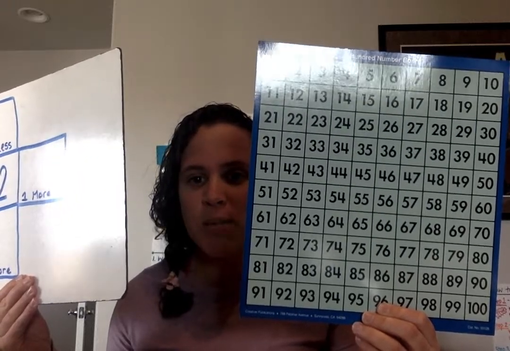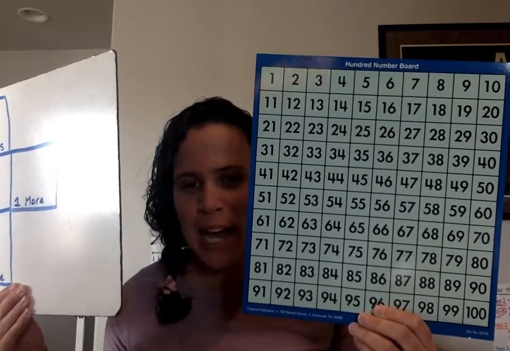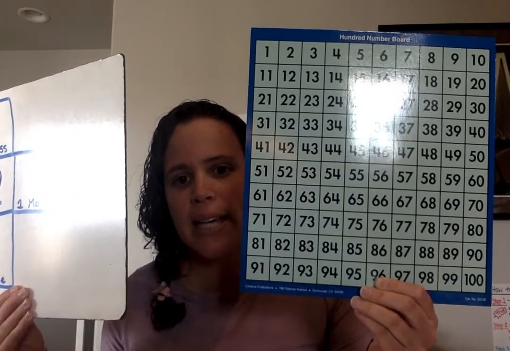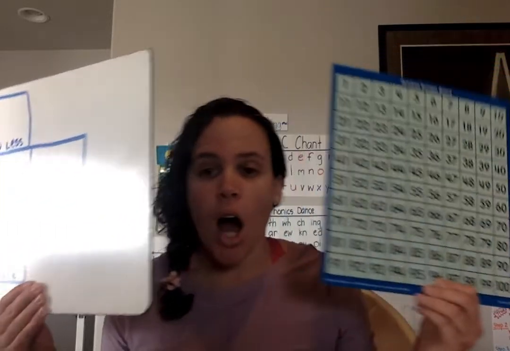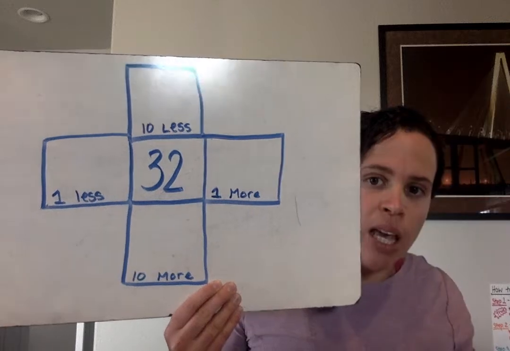If you don't, maybe make one because we're going to be using them. Not a ton, but if you have some extra spare time and you want to make a hundreds chart, it will help you. Otherwise, you can pause this and make your cross, okay?